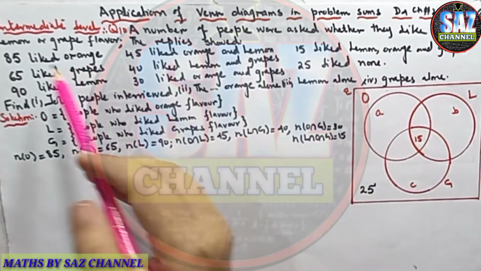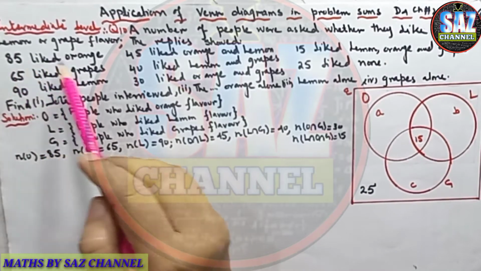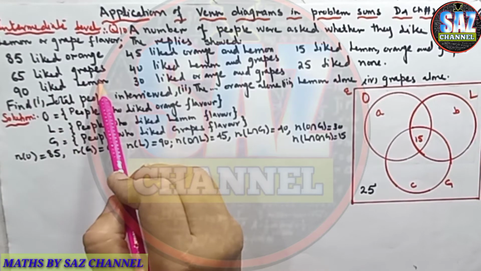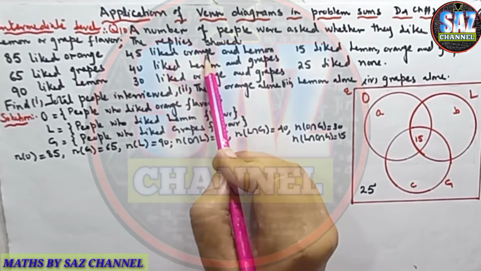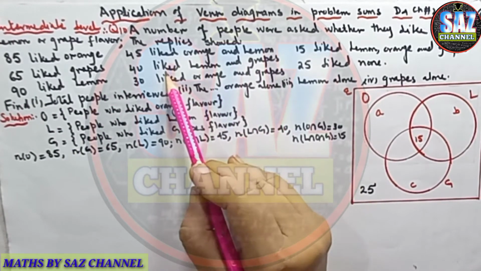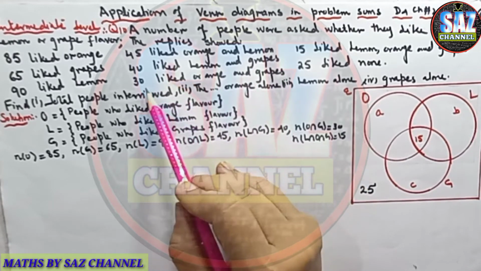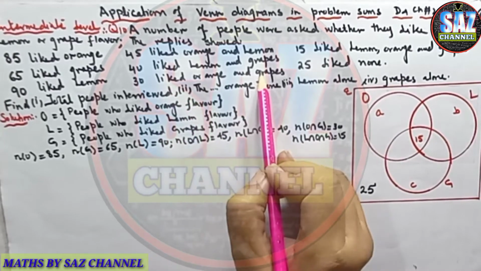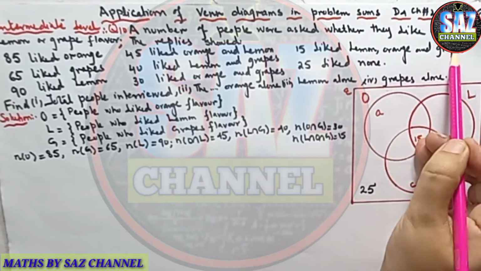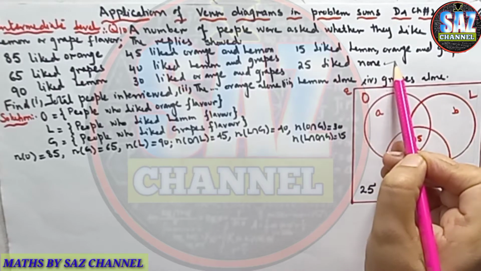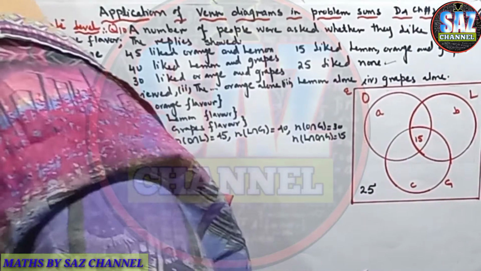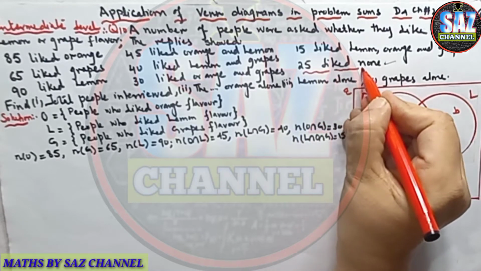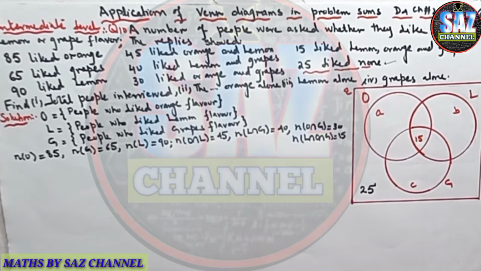Their replies were shown as under: 85 liked orange, 65 liked grapes, and 90 liked lemon, 45 liked orange and lemon, and 40 liked lemon and grapes, and 30 liked orange and grapes, and 15 liked lemon, orange and grapes, and 25 liked none. Here it's important to underline and understand what and where is the role of this 25.